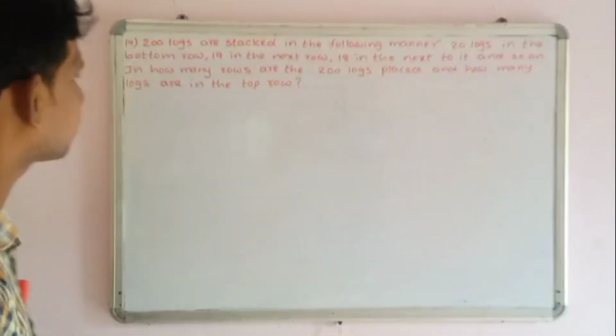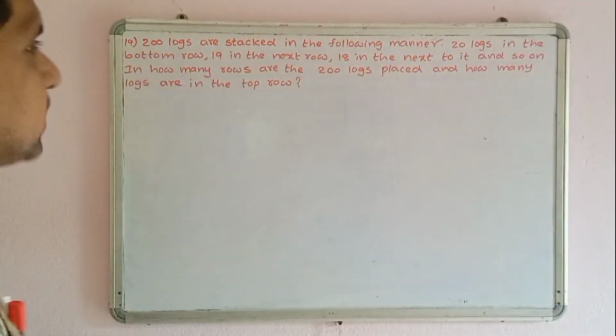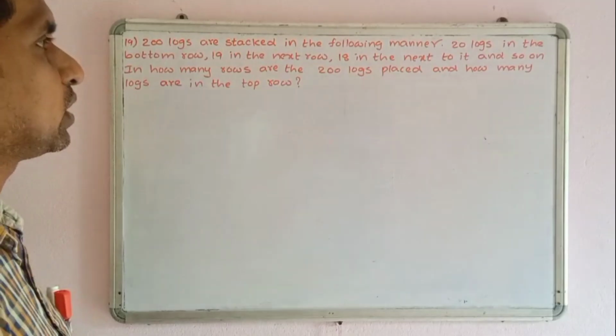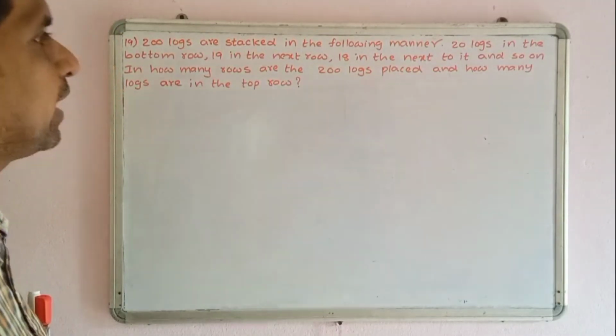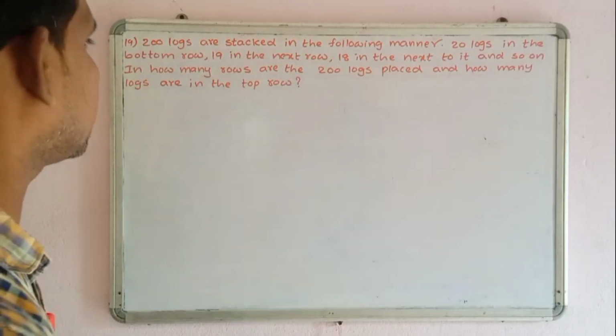Problem 19. 200 logs are stacked in the following manner: 20 logs in the bottom row, 19 logs in the next, 18 in the next to it, and so on.